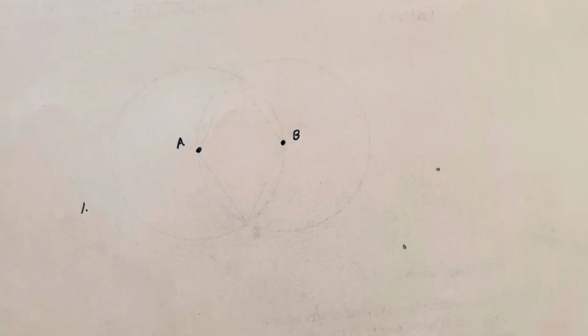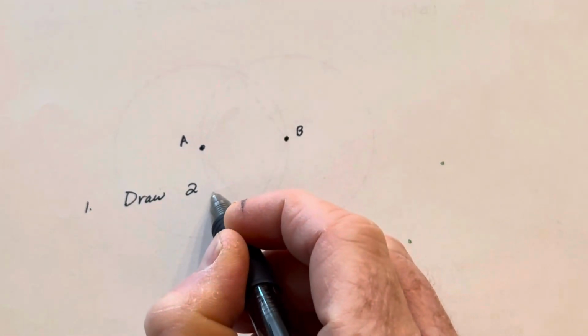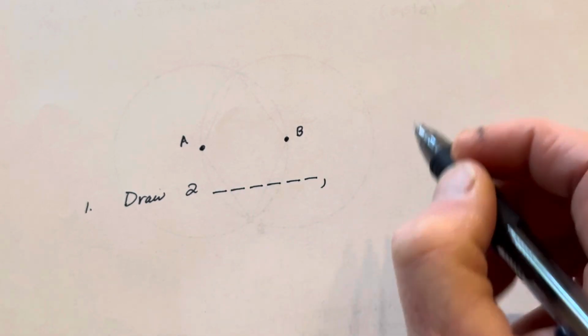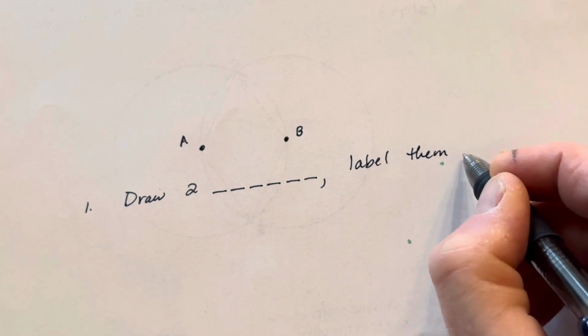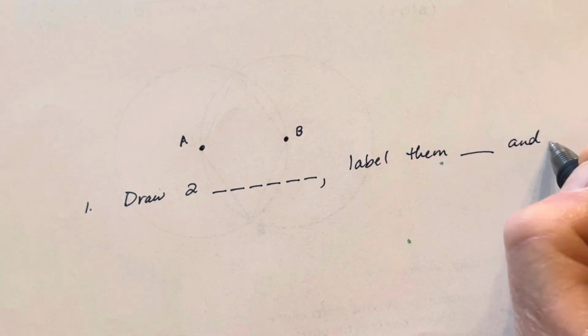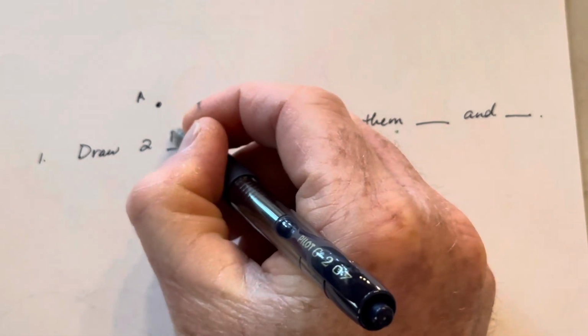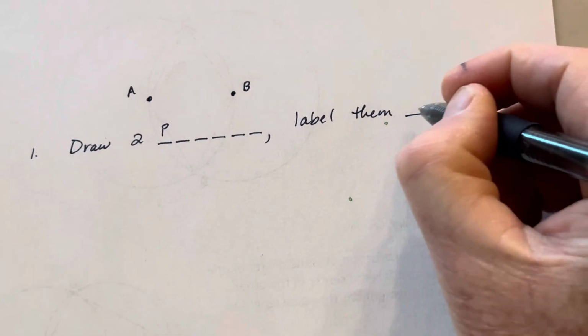So 1 is draw 2, and I'm going to give you the number of letters. Label them blank and blank. Okay, so draw 2, and I'll even give you the first letter, P. Label them A and what?